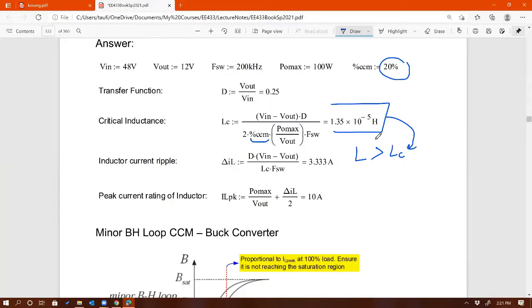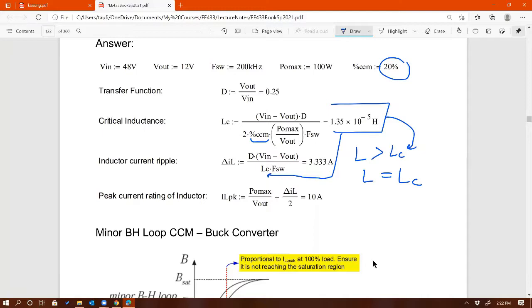Again, in practice, you would choose inductor value to be larger than the critical value, and then use that chosen inductor to get the actual delta IL. But here I'm just going to do this. L is equal to LC, right? And use that LC in calculating delta IL right there. That gives us 3.33 amps, right?